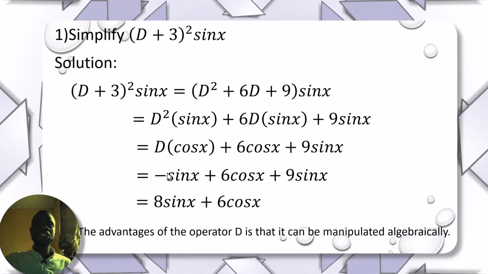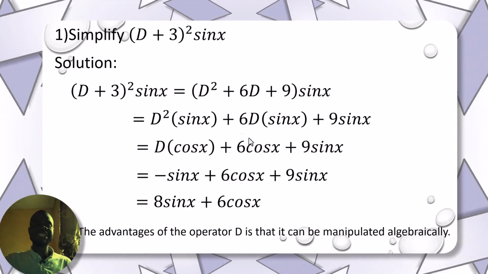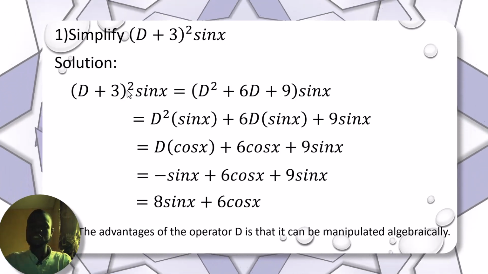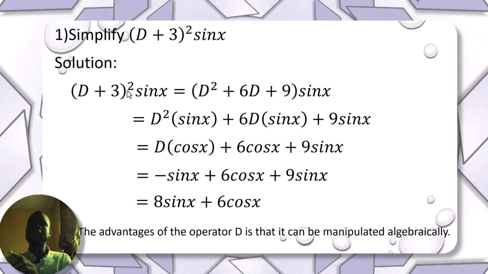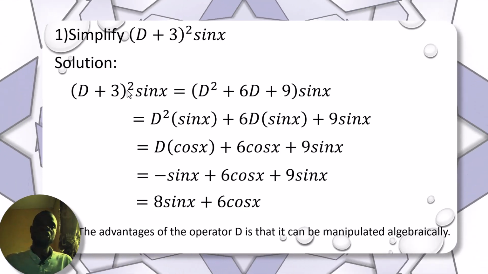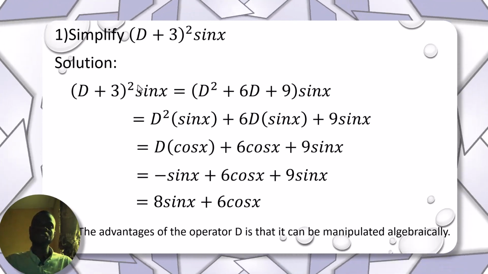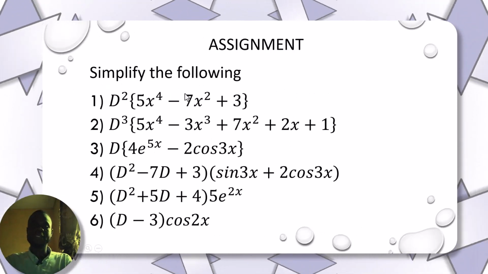Now the main advantage of this operation is that you can manipulate it algebraically, right? So instead of having d dx plus 3 then squared, it may be difficult, but with this d operator it would simplify it.